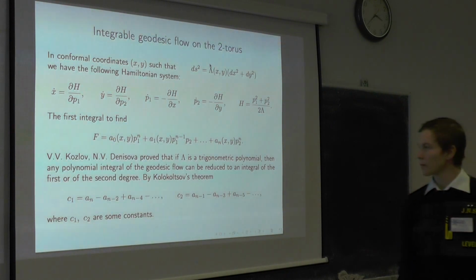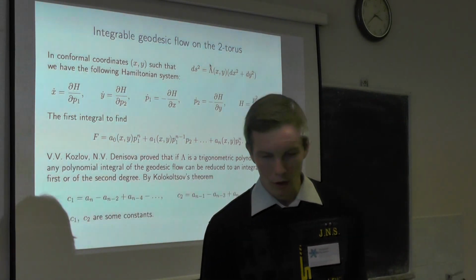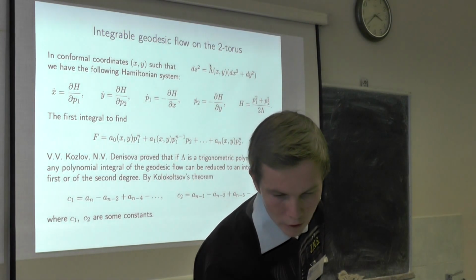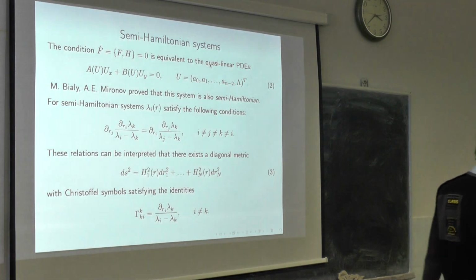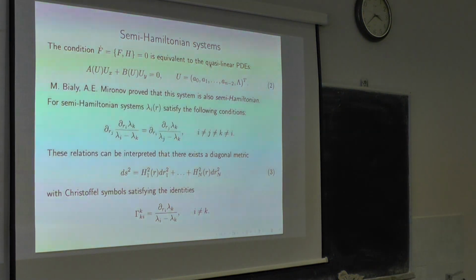Moreover, there are some conditions in view of Kolokoltsov's theorem on the coefficients of the first integral. Again, the condition that there is a first integral is equivalent to the existence of smooth periodic solutions of a certain quasi-linear partial differential equation system.